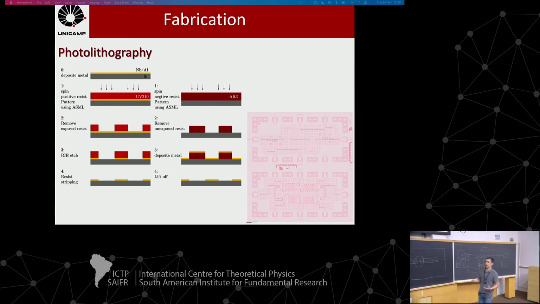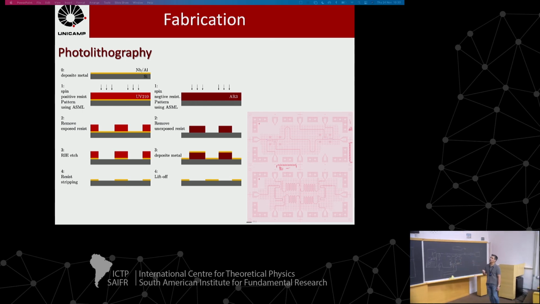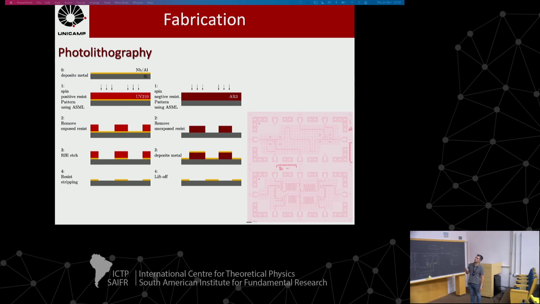When I have the silicon covered with this superconducting metal, I put some kind of resist, again, a polymer that I can modify with some light or electrons or some other way. I modify some part of the polymer and remove this part of the polymer. Then I remove the niobium or the aluminum in that region. Then I remove the resist, the polymer, and I'm left only with the regions where I want to keep the metal.